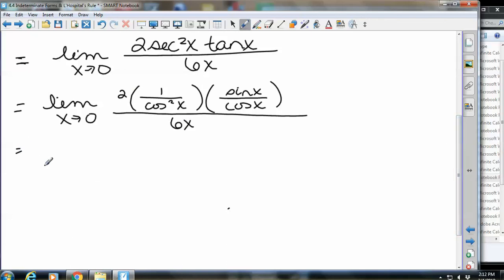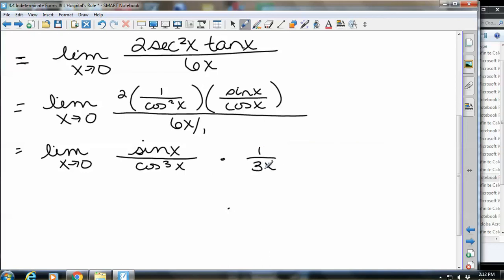I could reduce my 2 and my 6. Right, so I've got the limit as x approaches 0. 2 over 6. You can drop one of those. So we would get a sine x over cosine cubed. This is like over 1, so I could write that as 1 over 3x.